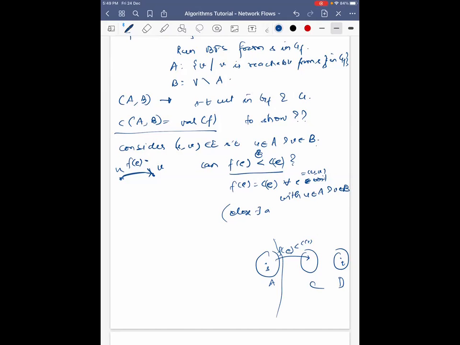But okay, wait a minute. The moment S and T get disconnected, we are looking at that point specifically where S and T get disconnected.